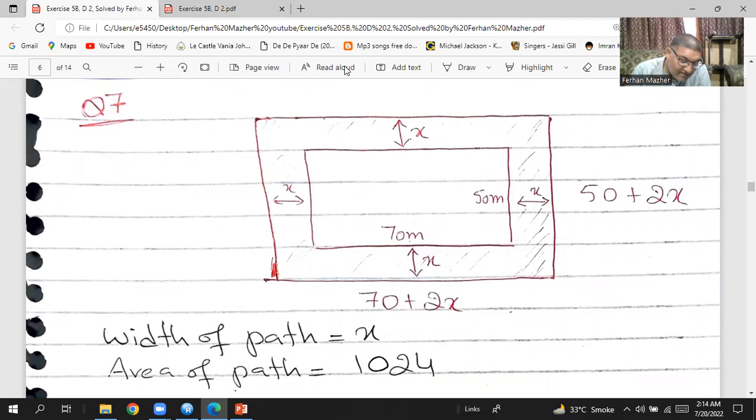So this outer length will become 70 plus x here plus x here, 70 plus 2x. And this width will be 50 plus x plus x, 50 plus 2x. So the length of the outer boundary will be 70 plus 2x, and the width of the outer boundary will be 50 plus 2x.